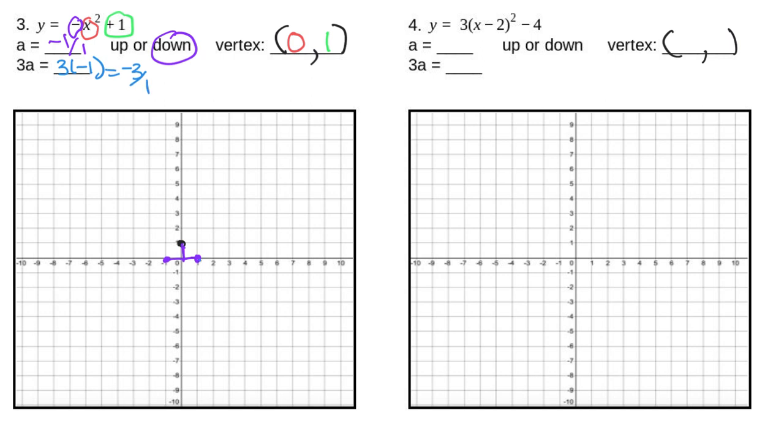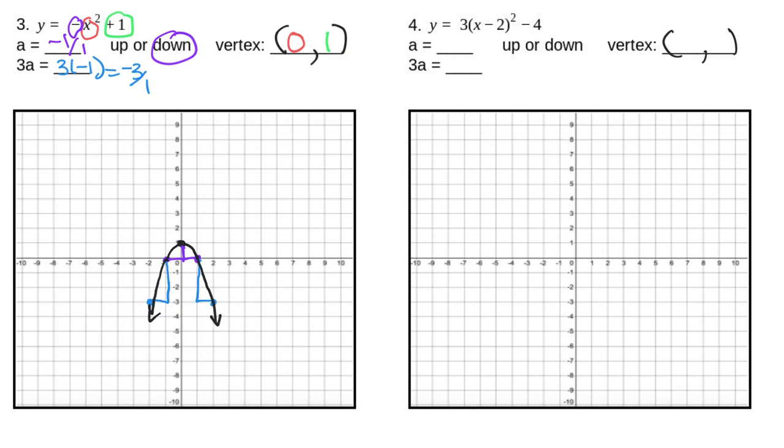So we're going to go from that point down 3 over 1, down 3 over 1. And so this is kind of that standard parent function shape. So make that nice curve to go through those 5 points.